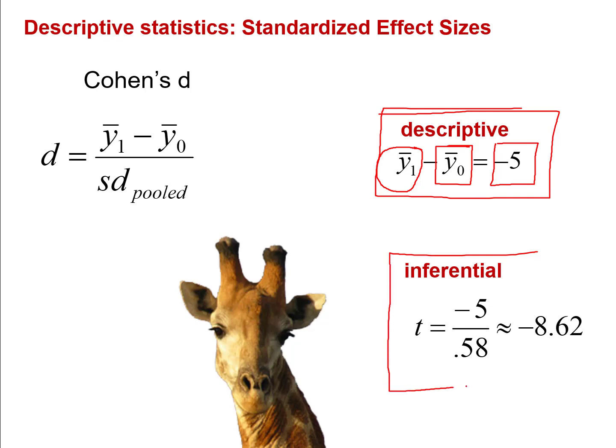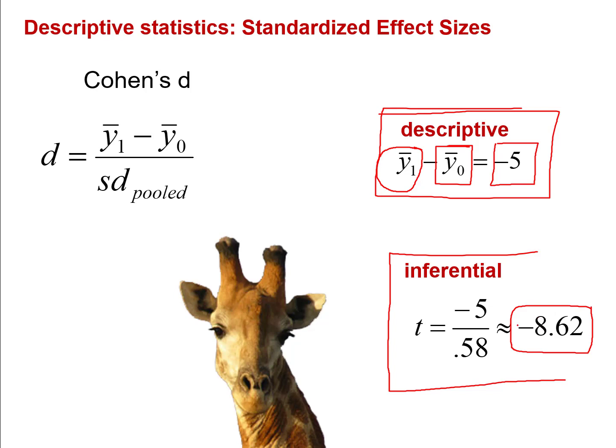We calculated a t-value. That's the standardized error that we made in that particular study if the null hypothesis was true. Our t-value turned out to be -8.62, meaning if the null hypothesis was true, that study made more than 8 times the typical amount of error. I talked about how we could determine the probability of that t-value, that is a probability assuming the null hypothesis was true.